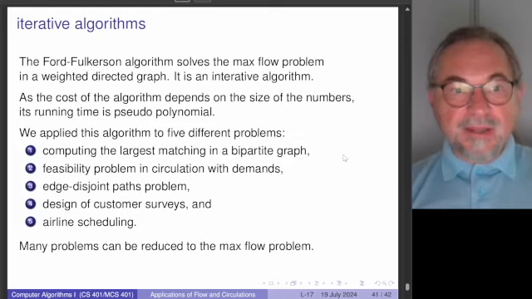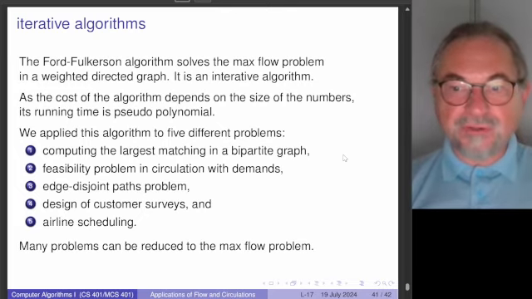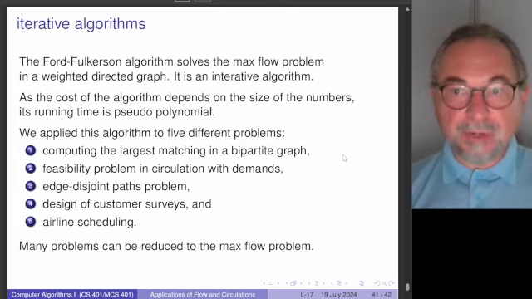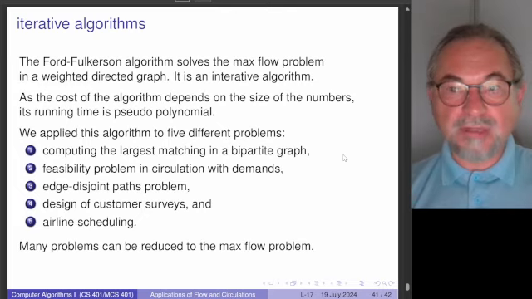After the treatment of the Ford-Fulkerson algorithm in lecture 15, we've covered 5 different problems, and here is the listing of the problems. For some of the problems, we do have a strongly polynomial time algorithm, like for the edge disjoint paths problem.